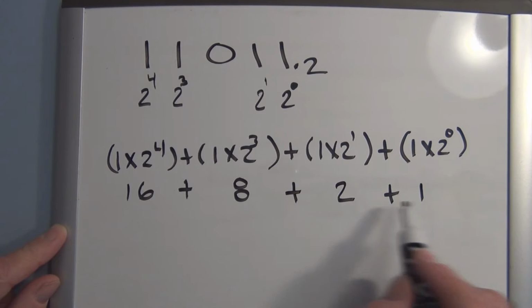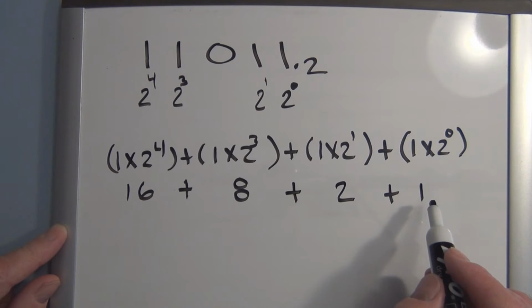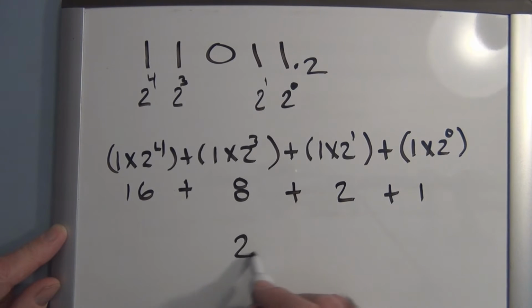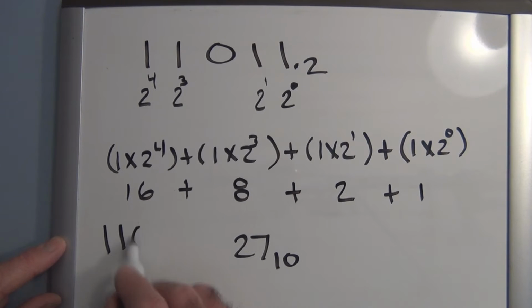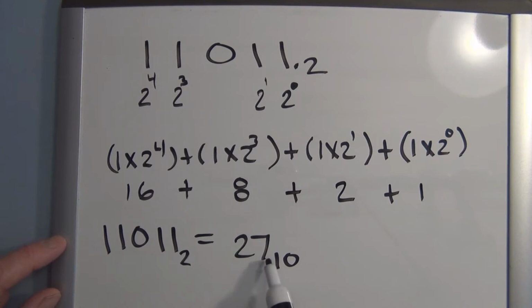Plus 2, 26, and plus 1 is 27. So we have 27 to the base 10, or decimal. So this binary number here, the base 2 binary number, is equal to 27 in decimal.